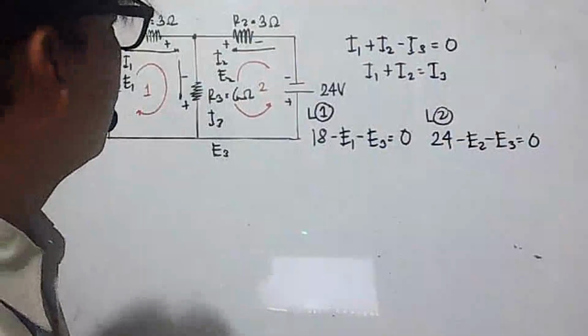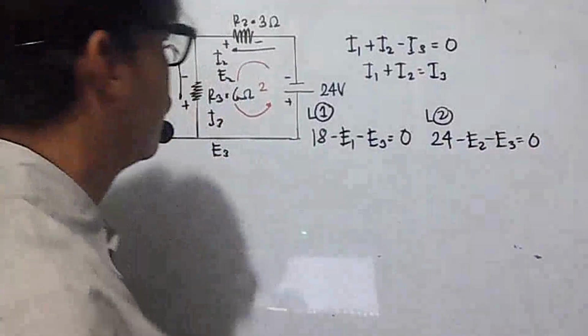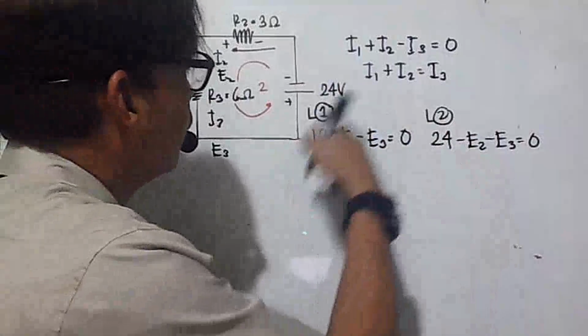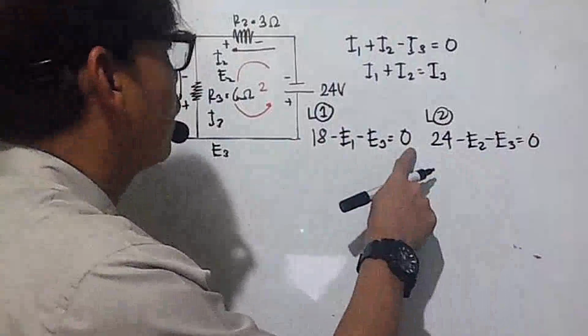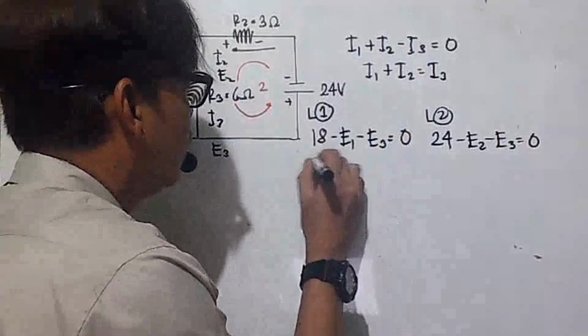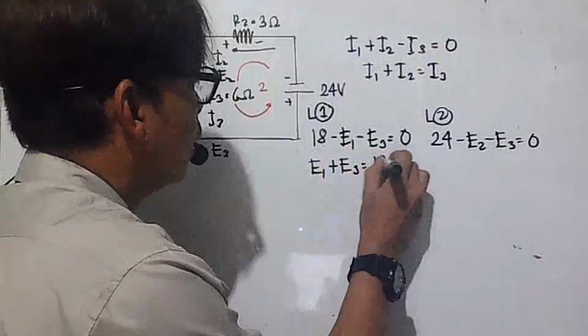Now I'm just going to transform the equation to look like a proper equation, putting the constant on the right side of the equation. When we transpose, this becomes negative. When we cancel the negative sign, this becomes positive. So it is E1 plus E3 is equal to 18.